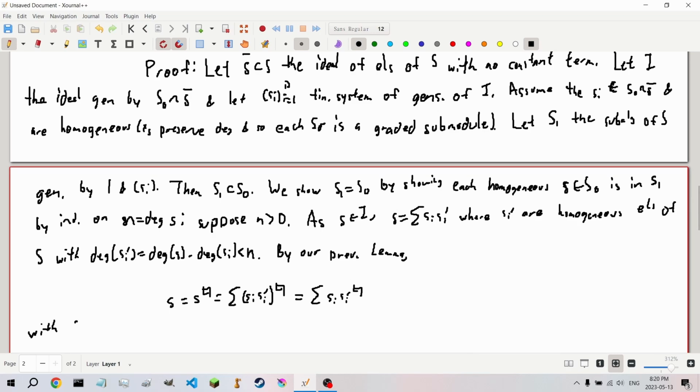And we see that these si prime natural are elements of S0 which are homogeneous and of degree less than n.